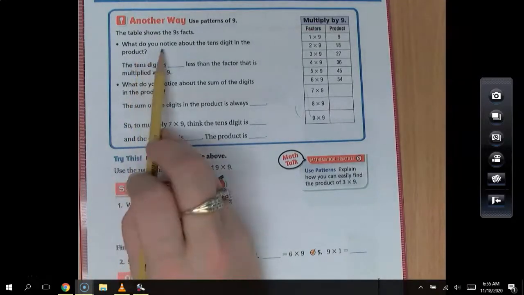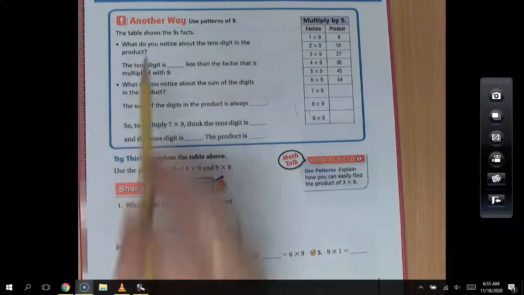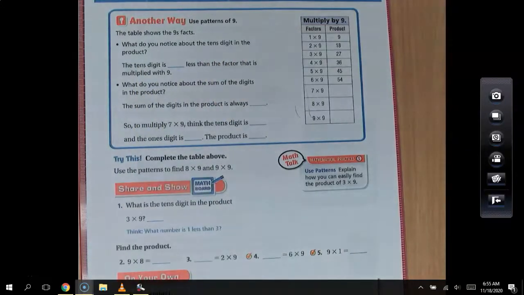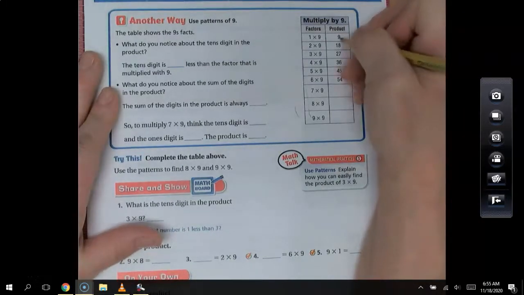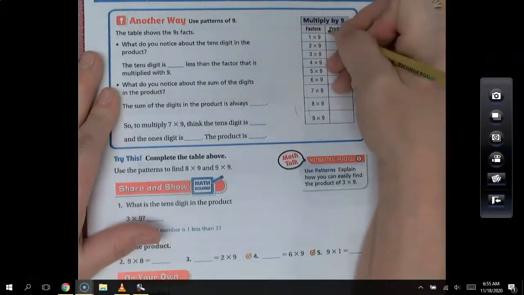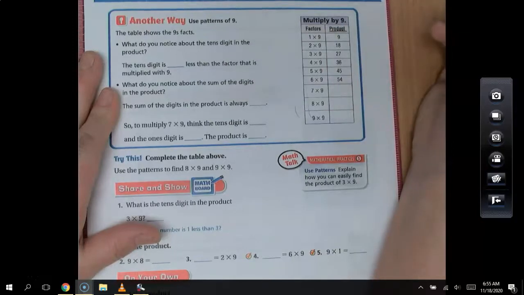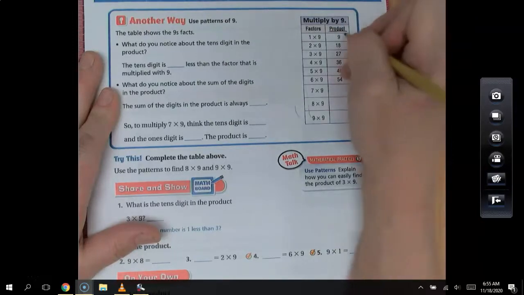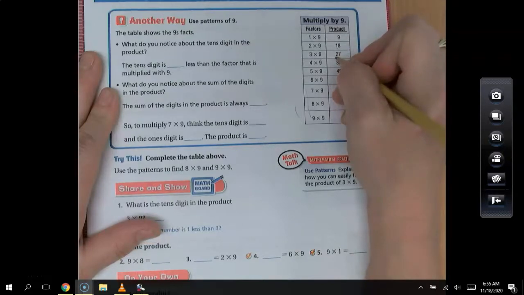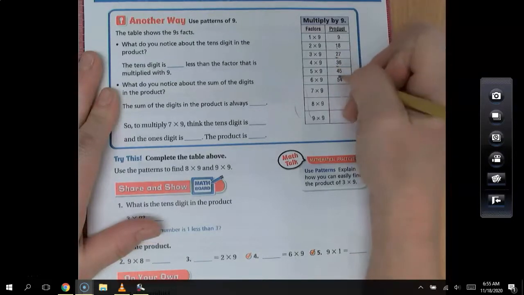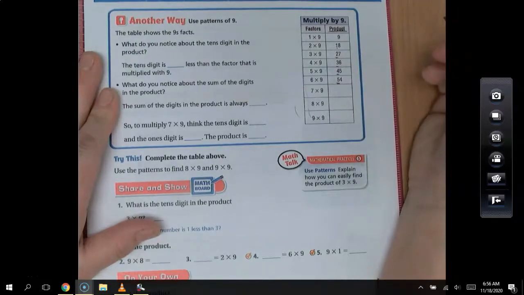It says, what do you notice about the tens digit in the product? Okay, so they want us to look at the tens place, the tens digit in their product. Remember, product is the answer to a multiplication problem. So if I'm looking at the tens place, I look here, 1, 2, 3, 4, 5. Did you notice anything?